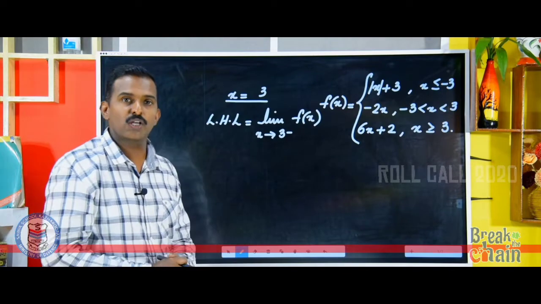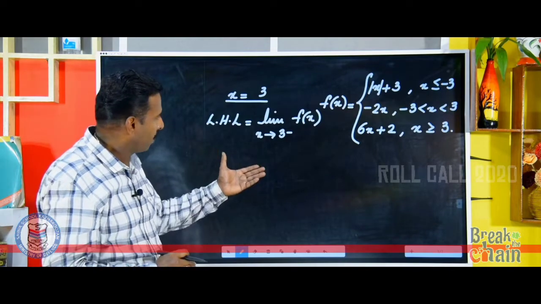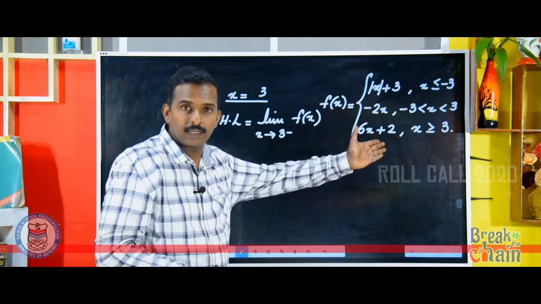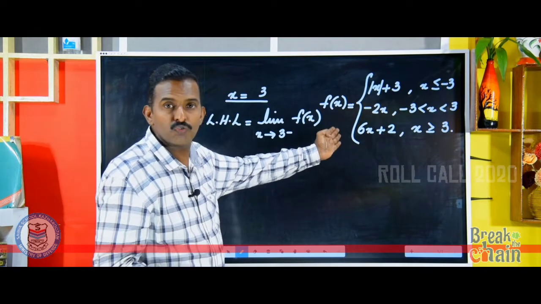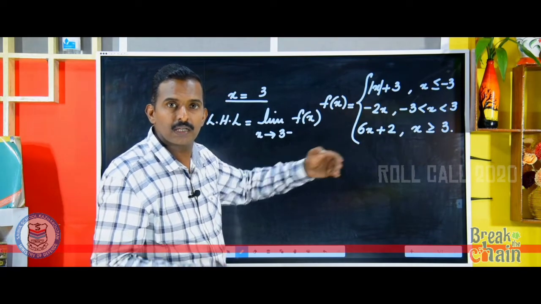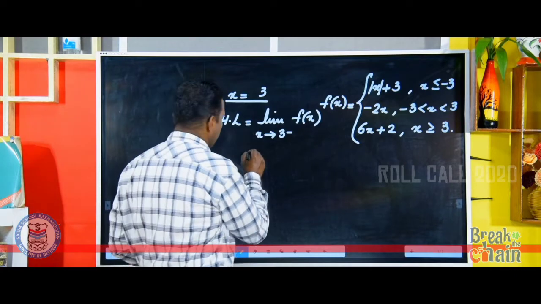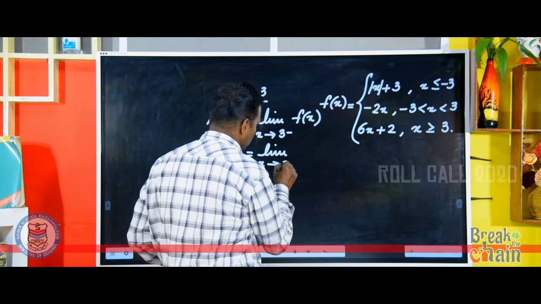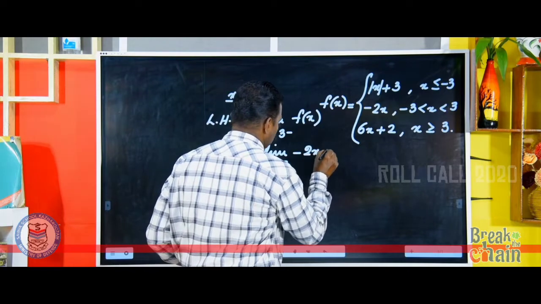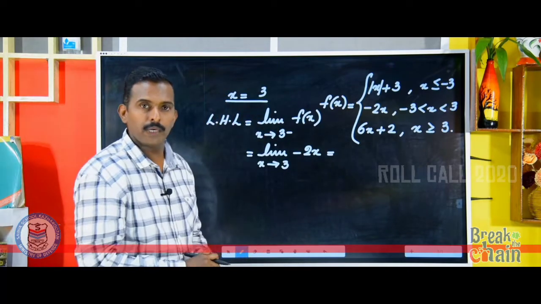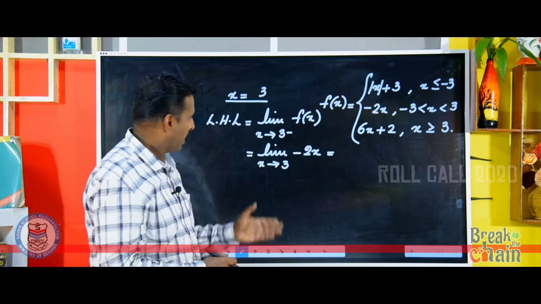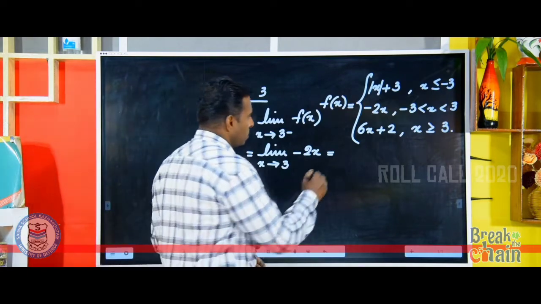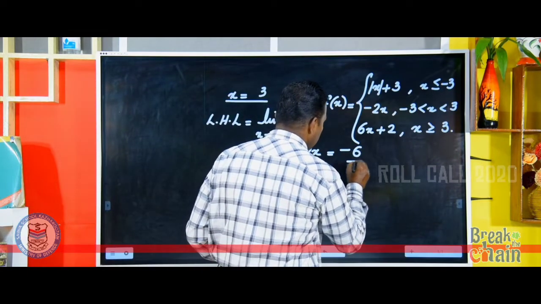LHL, limit x tends to 3 minus f of x. At 3 minus, less than 3, the function is defined as -2x. Therefore, it changes to limit x tends to 3 minus of -2x. Being a polynomial, direct substitution, x equal to 3 given, -2 into 3, negative 6.